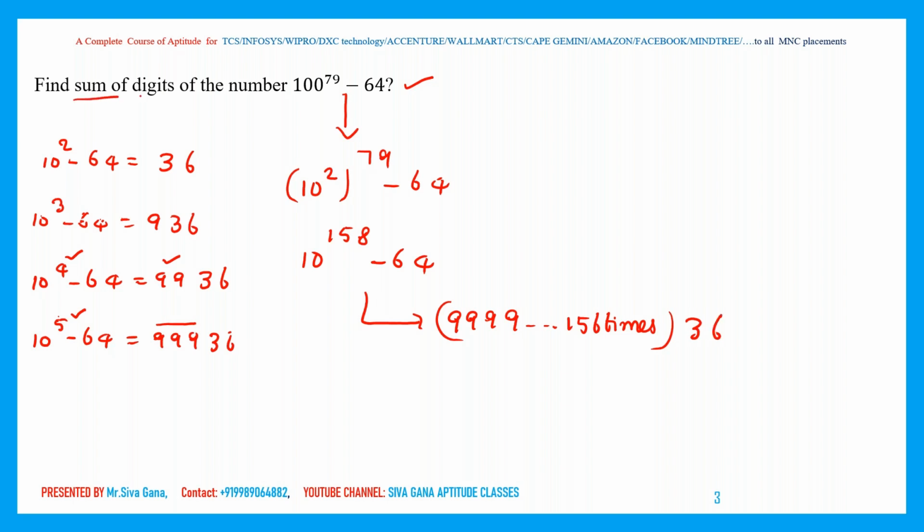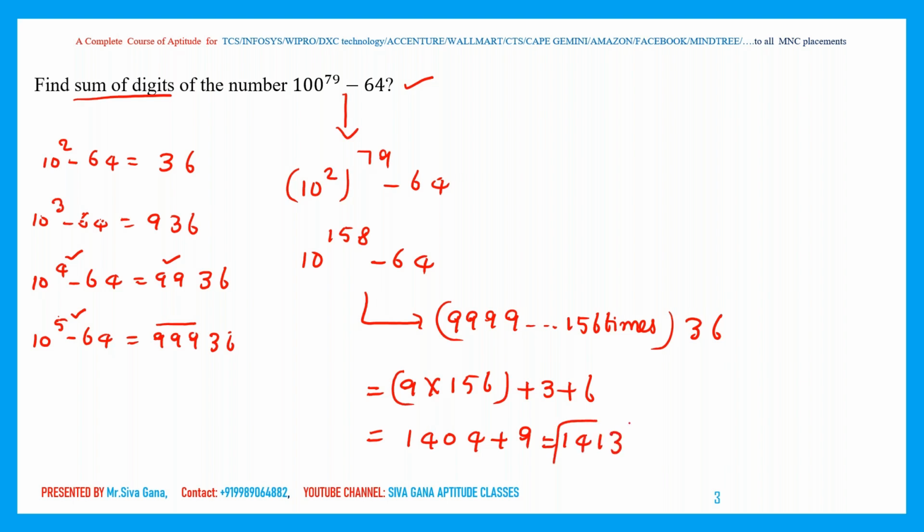If we need the sum of the digits, it is simply 9 into 156 plus 3 plus 6, which is 1404 plus 9, which is nothing but 1413.